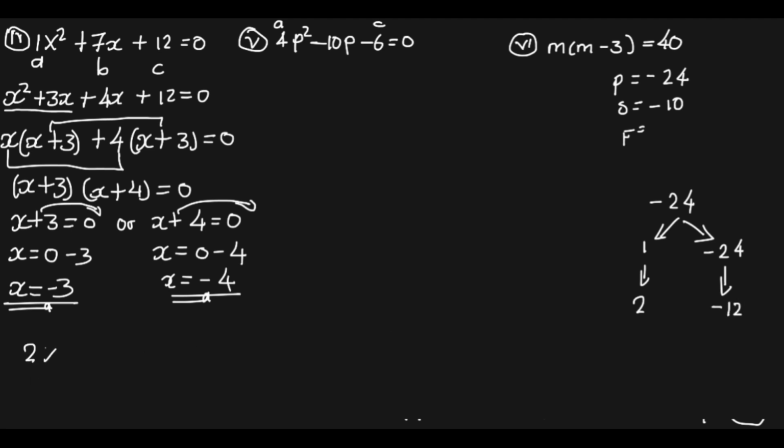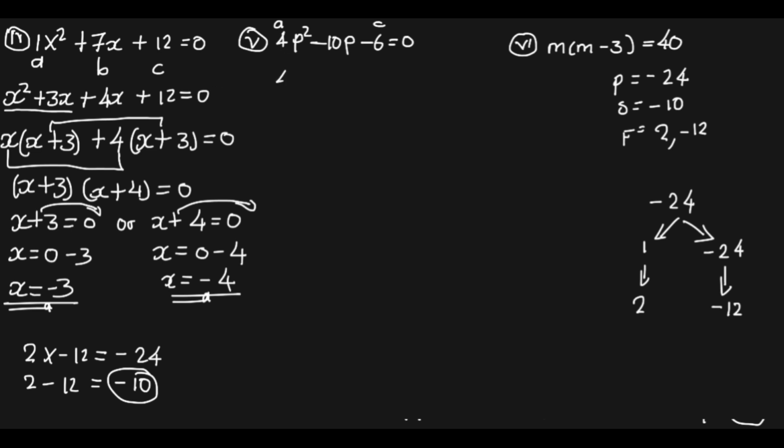So 2 times -12 is -24. Then 2 minus 12 is -10. So we can see that the two factors that we are looking for are 2 and -12. Now let's proceed.